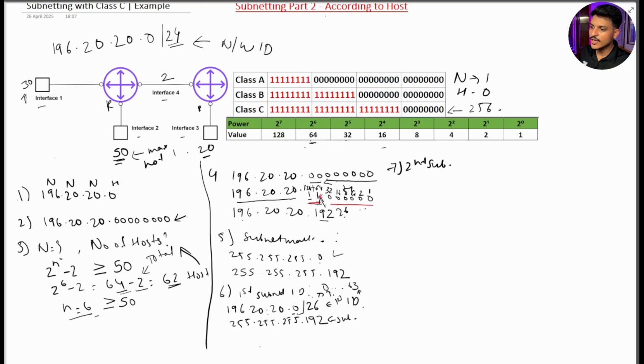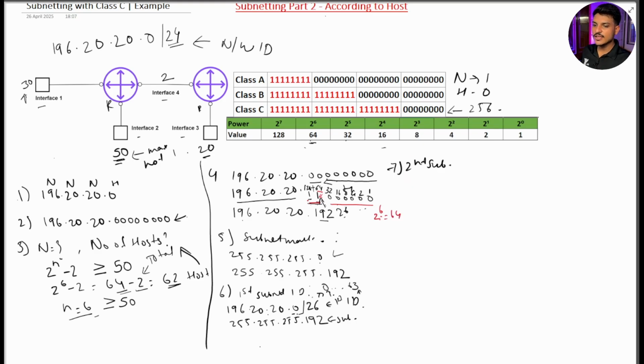What will be its value? It will be 2 raised to 6, because the positions go 7, 6, 5, 4, 3, 2, 1 and 0. So what is 2 raised to 6? It is 64, as we have already written here.